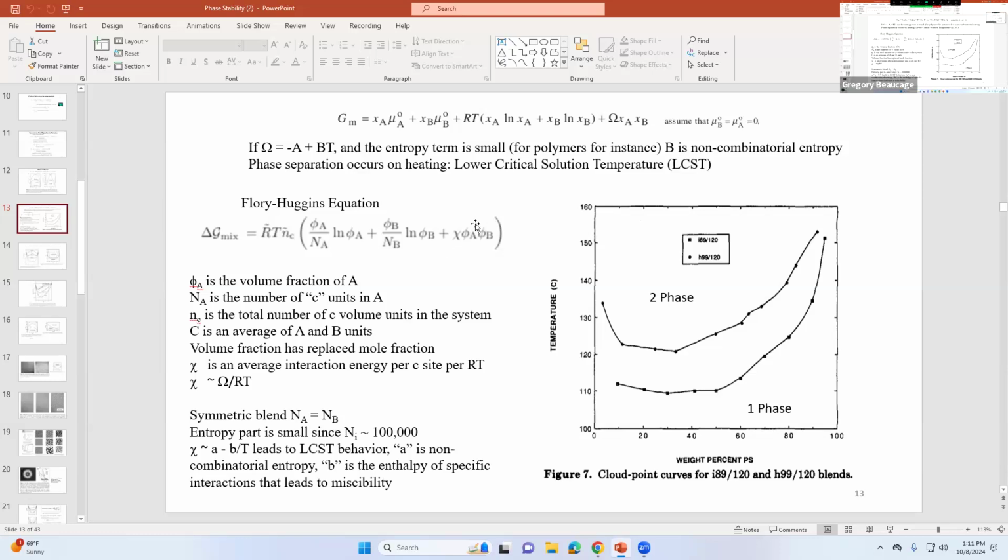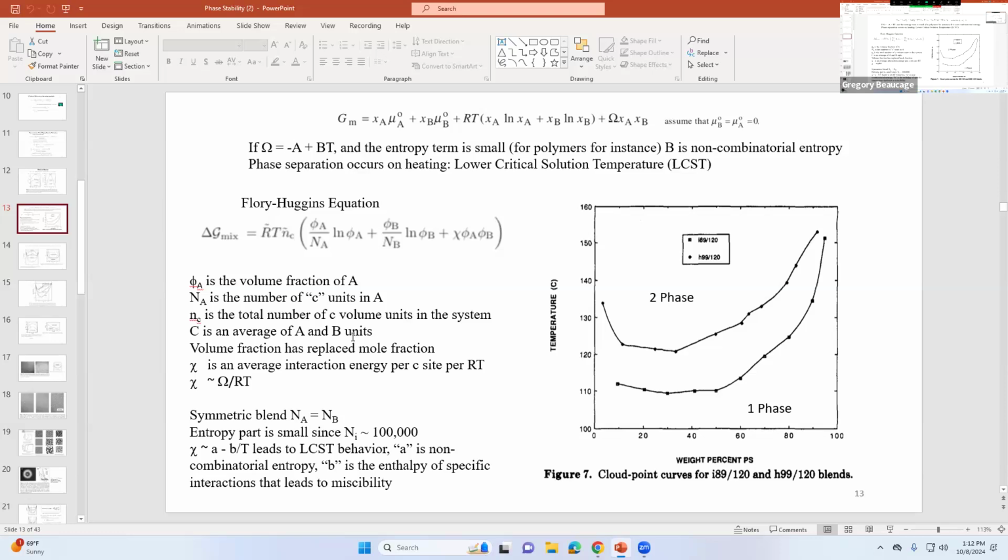And that's because this interaction parameter has both a plus and a minus term. So I've removed T out here. So this has to be omega divided by T. So anyway, omega is going to be this a minus a plus b. So the T term here is actually the enthalpy term, and the a term is an entropic kind of term.